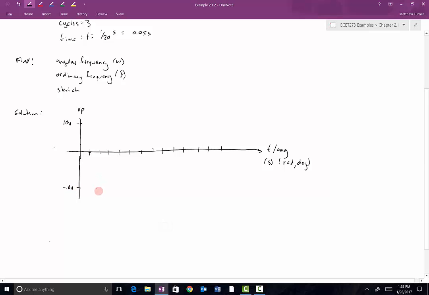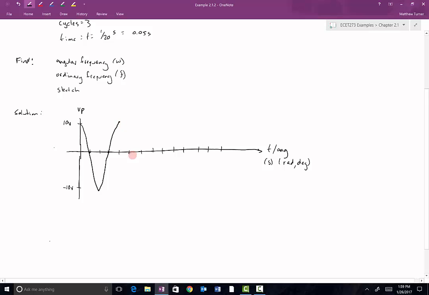Then at 270 or 3 pi over 2, it's going to go back to 0. And then at 360 degrees or 2 pi, it's going to go back to its peak value. So that's one complete cycle right there.